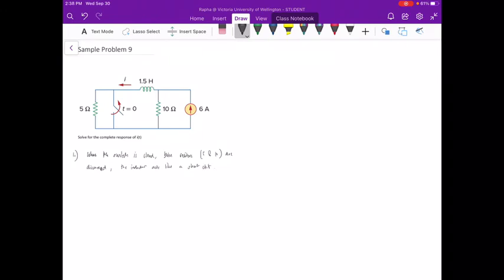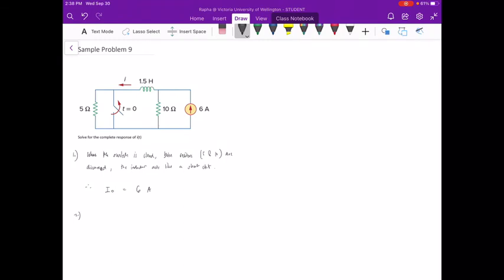So that leaves us that our I0 is therefore equal to 6 amperes, because there is no element that remains on the original diagram, and so our current, being the only current source, is equal to 6 amperes. So let us carry that as our initial current.